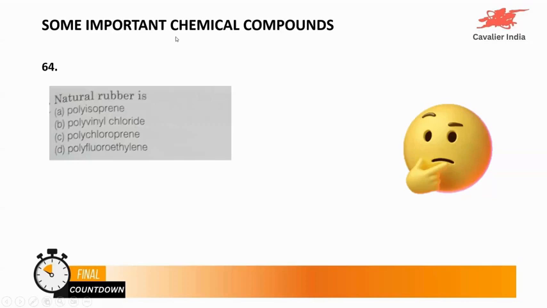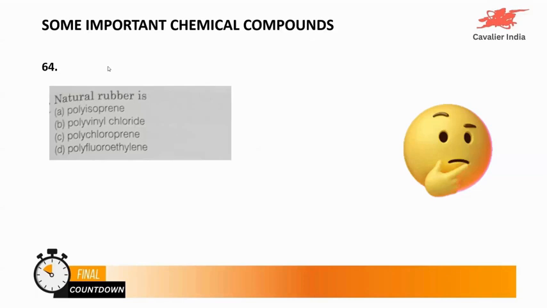Natural rubber is, what is natural rubber? Just think and answer. Natural rubber and synthetic rubber are there. So what is natural rubber? It's a polymer of what? Yeah, your answer is right.